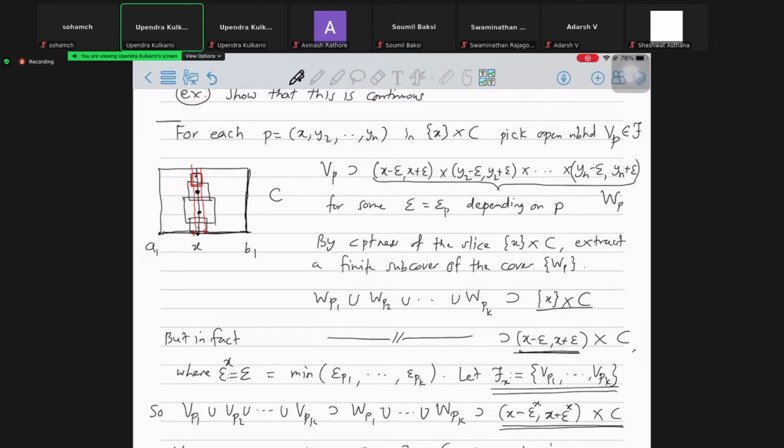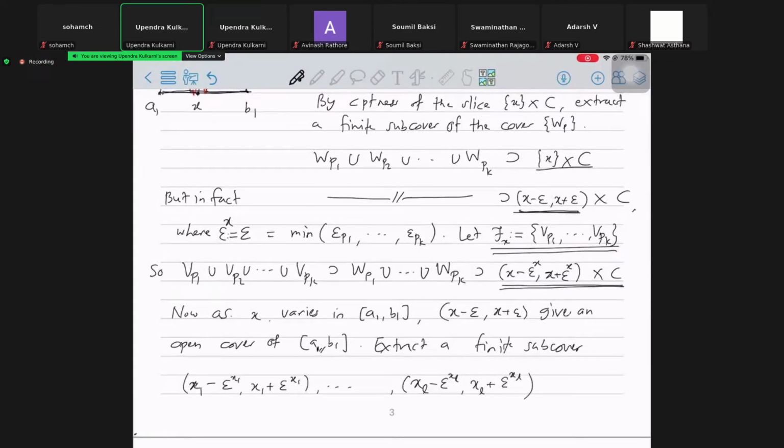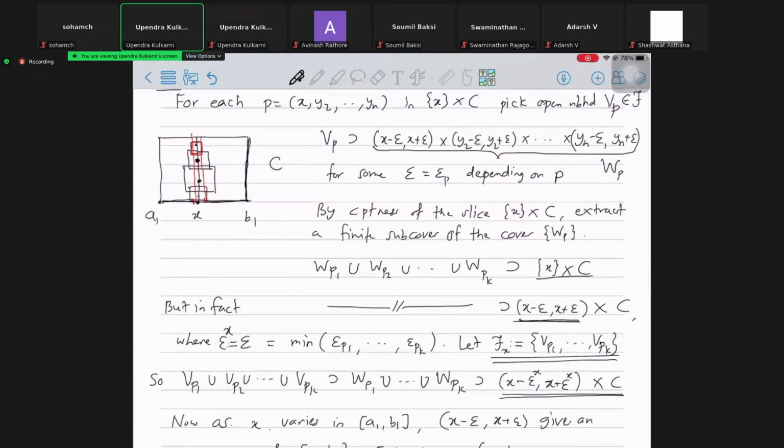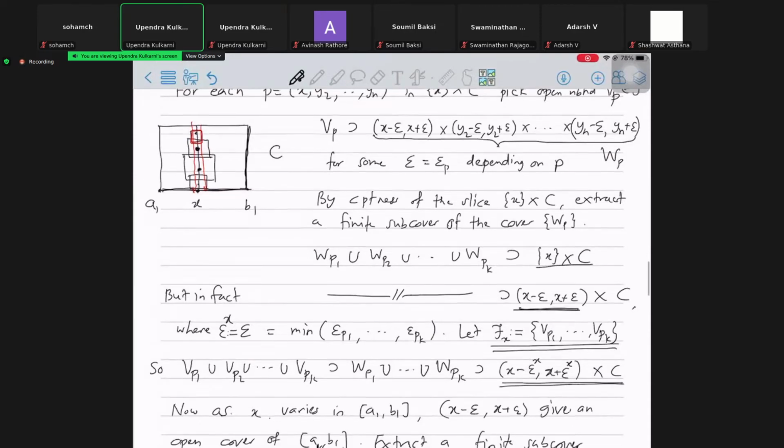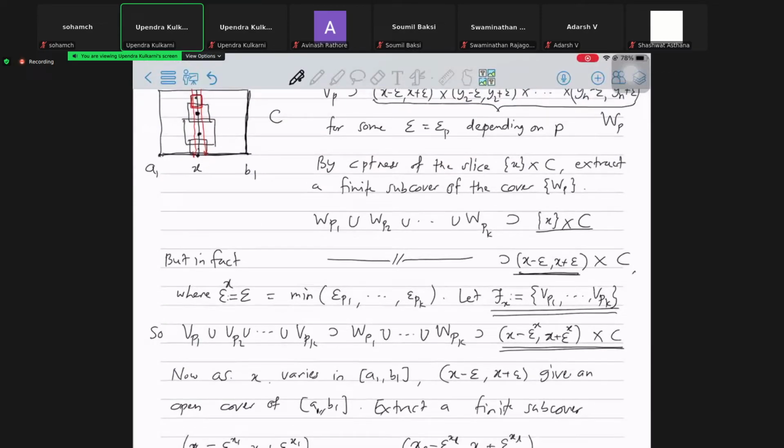Now, what I showed is that a finite number of such tubes cover the entire set, because a finite number of the intervals from X minus epsilon to X plus epsilon cover the entire interval from A1 to B1. So you see, I'm using compactness twice. Once for induction to extract this finite subfamily of W's and therefore of the respective V's, and then compactness of the closed interval from A1 to B1.